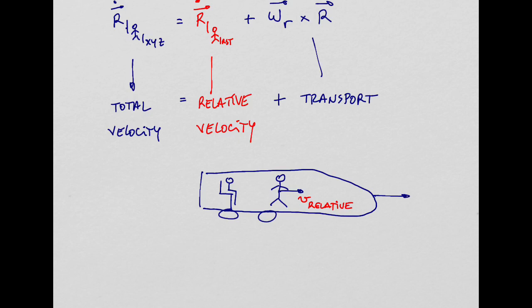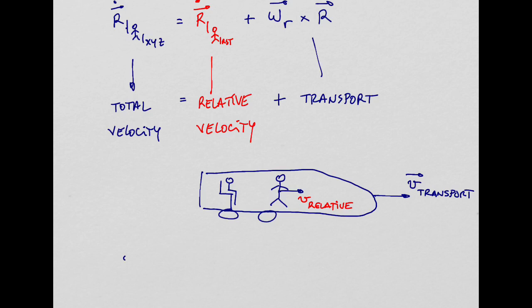Well, the train goes with this velocity, transport. The train is moving, let's say, at a speed of 250 kilometers an hour.